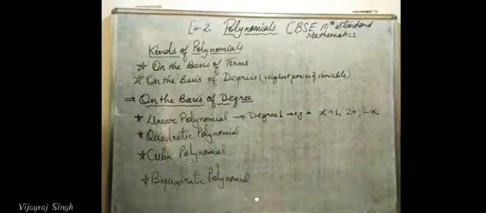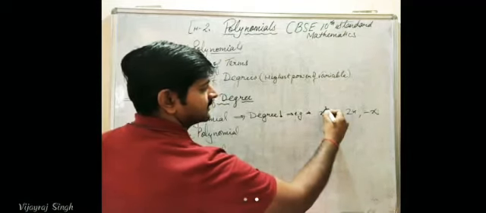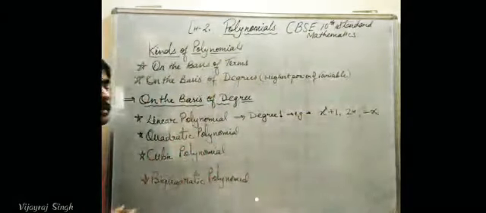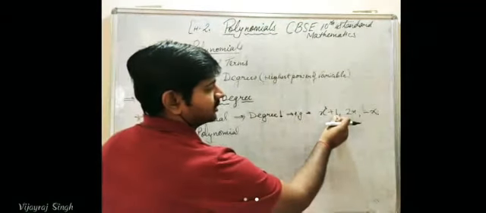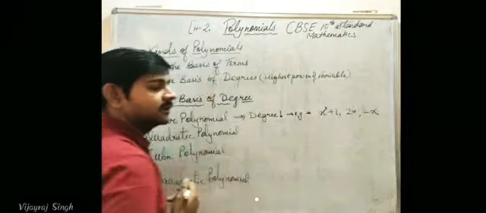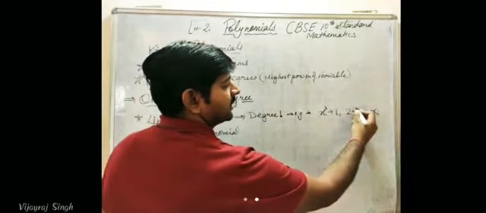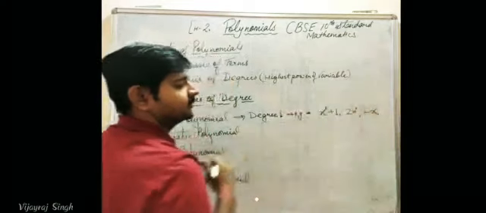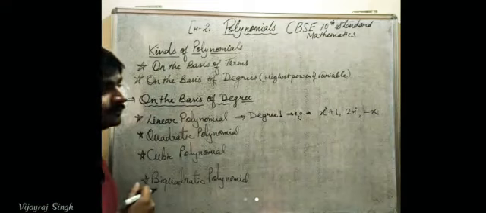The degree of this polynomial is 1 because x contains the highest power, that is 1. Similarly, only x, its highest power is 1. There is only one term, but its highest power is 1. So this is also a linear polynomial.